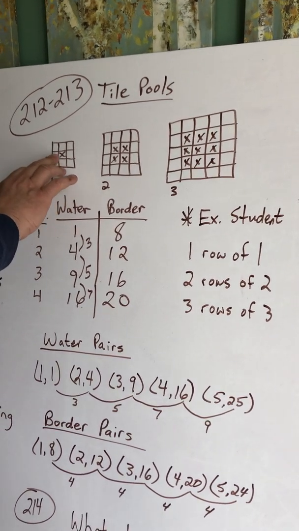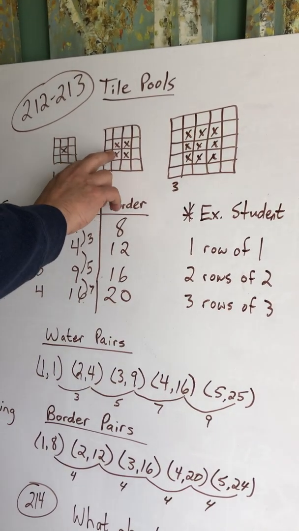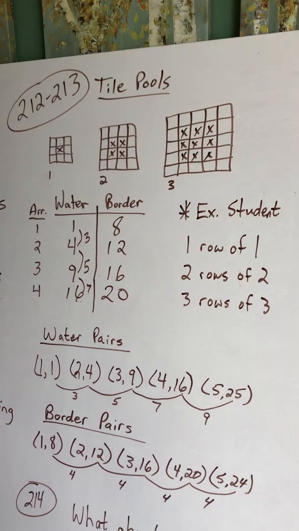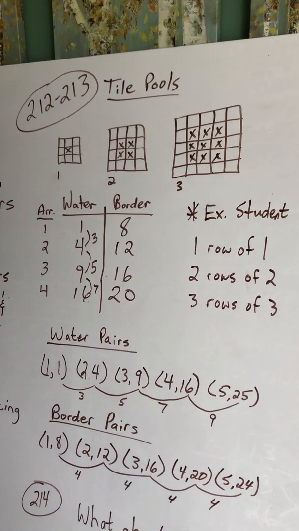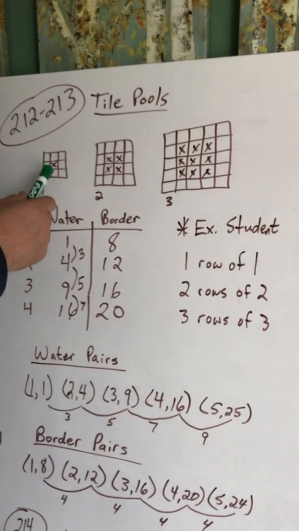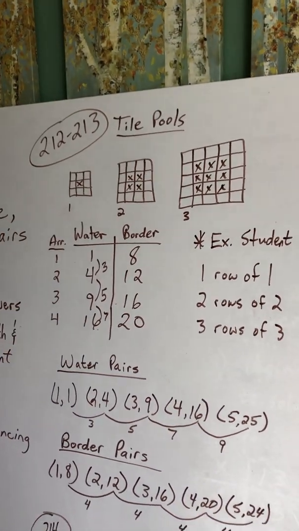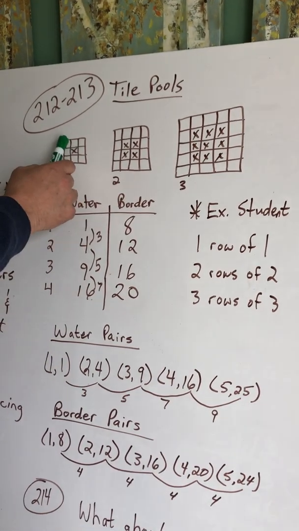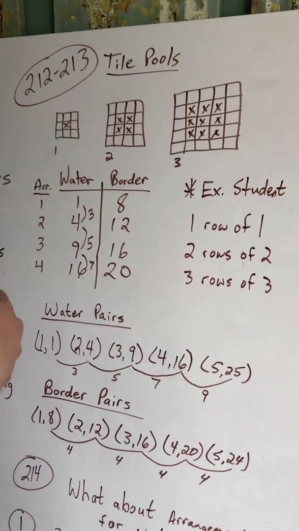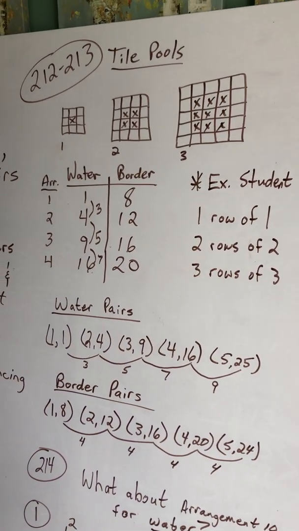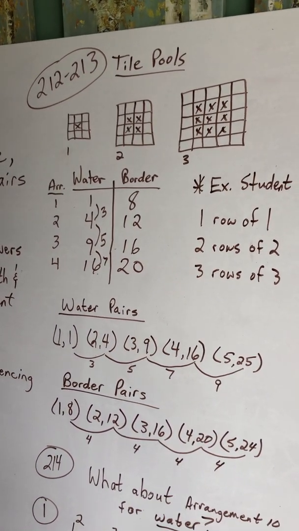So what I did for mine is these X's, those are where the water is. Those are where the water goes. So the X's are the water tiles, and then these outside ones are called the border tiles because they border the water tiles.